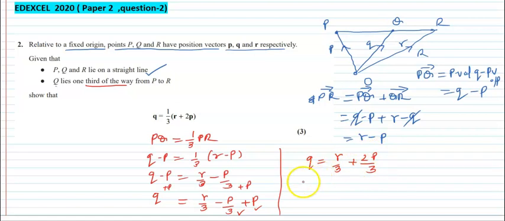So we can say Q is 1/3 of R plus 2P. This is what they are asking you to show.